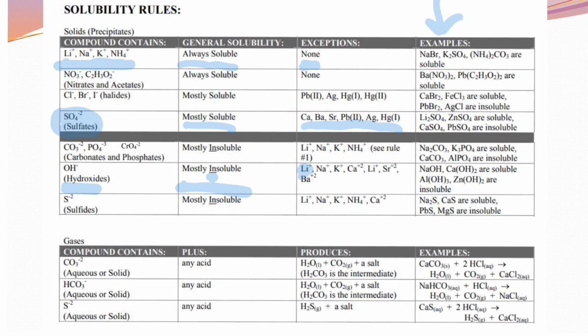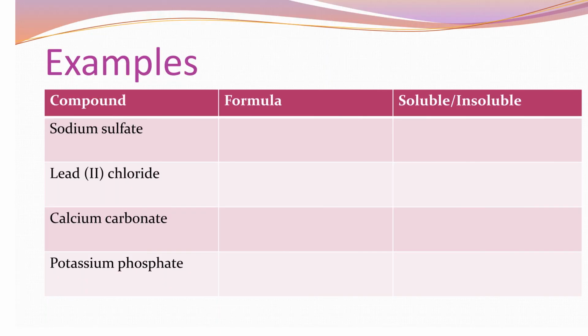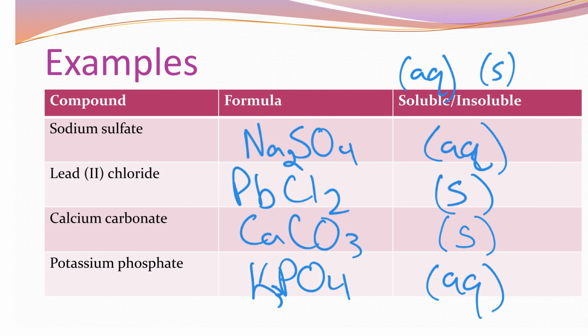Just pay attention to the solubility and then the exceptions to that rule. We're going to practice that many times. So take a second to look at these examples, write out the formula, and then look at the solubility chart to determine if it's soluble. If it is, write aqueous, AQ, and if it's insoluble, write solid. Then come back and check your answers.